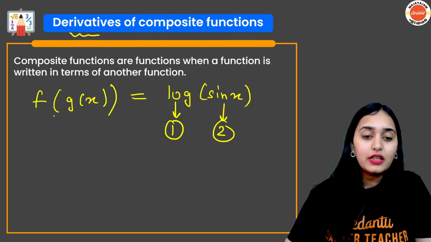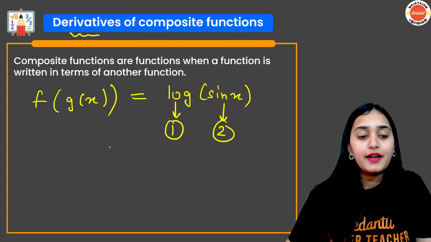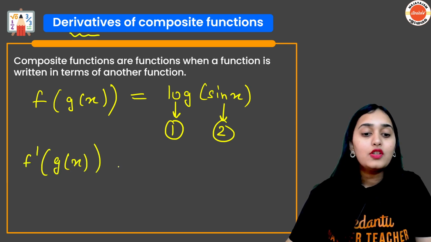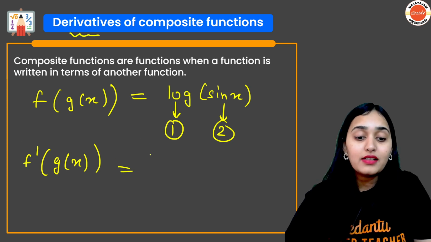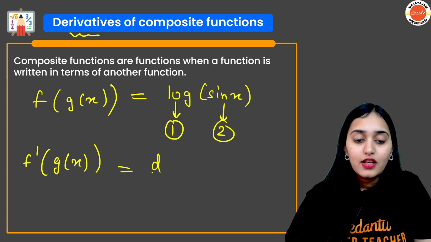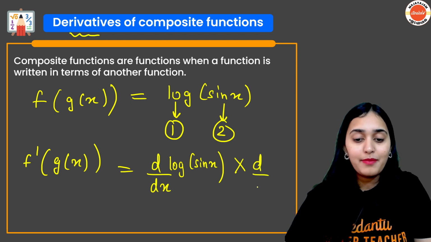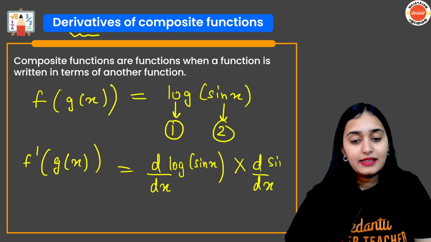Okay. So here, for example, I want to find out f dash of g of x. So what will I do? I will first differentiate log, so d by dx of log sine x multiplied by d by dx of sine x.